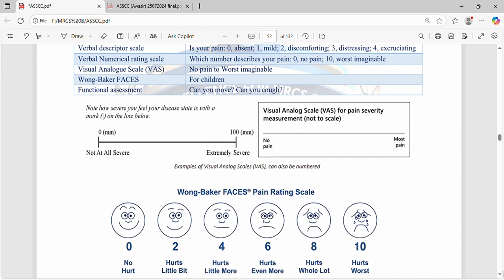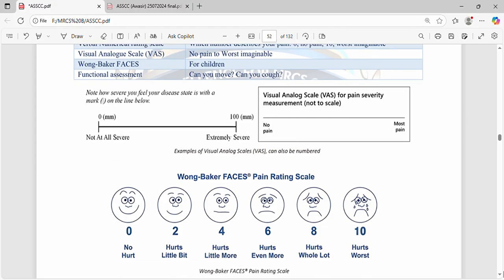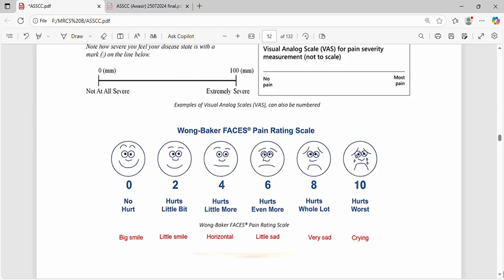This is a scale, not at all severe to extremely severe. So these are different scales which were developed. Wong-Baker faces, the pain rating scale.